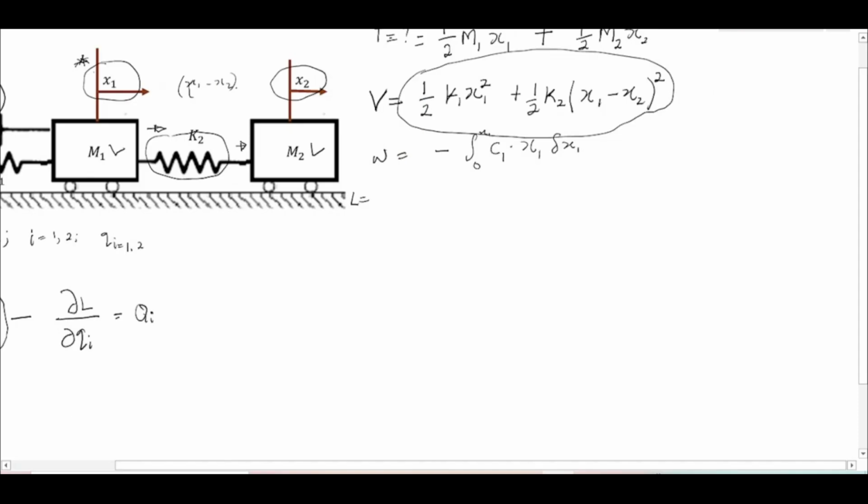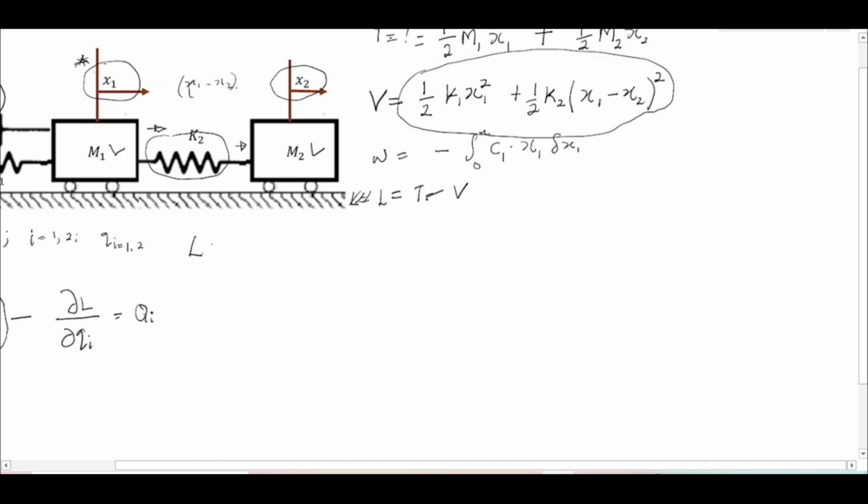Having calculated T and V, the next goal is to look for the Lagrange formulation, that's your Lagrange function, L. We said L is equal to T minus V, and T and V are already known.